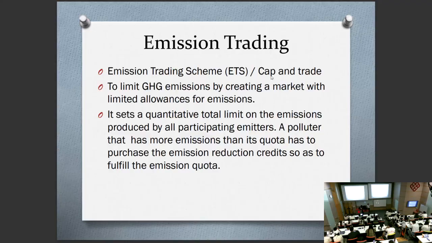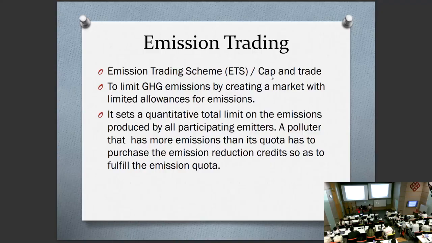Okay, so let's say we have 100 students here, including me. So let's say I cap the total emissions to 100, so for each of us, we have one emissions quota. And this emissions quota is like the permission for you to consume electricity. So if you can consume less electricity than the others, then you have some quota left, and you can sell this quota, this credit, to others.